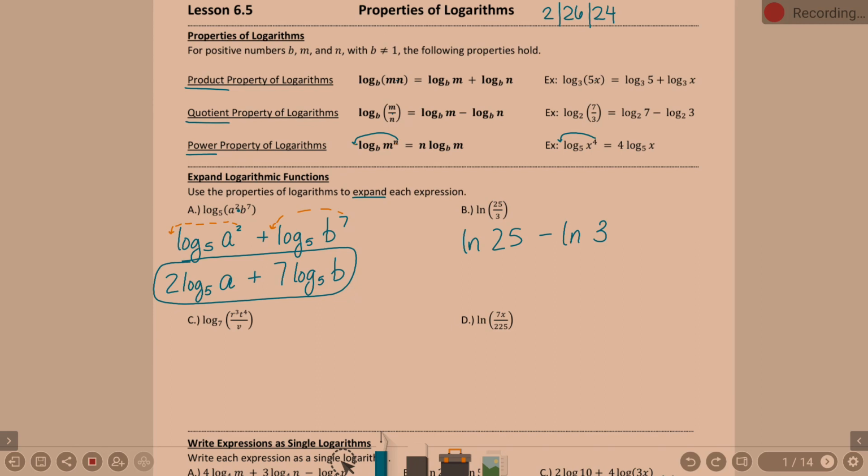Power property? Maybe I don't need to ask my next question. How could I use the power property? My question is 25. What do your brains know about 25?